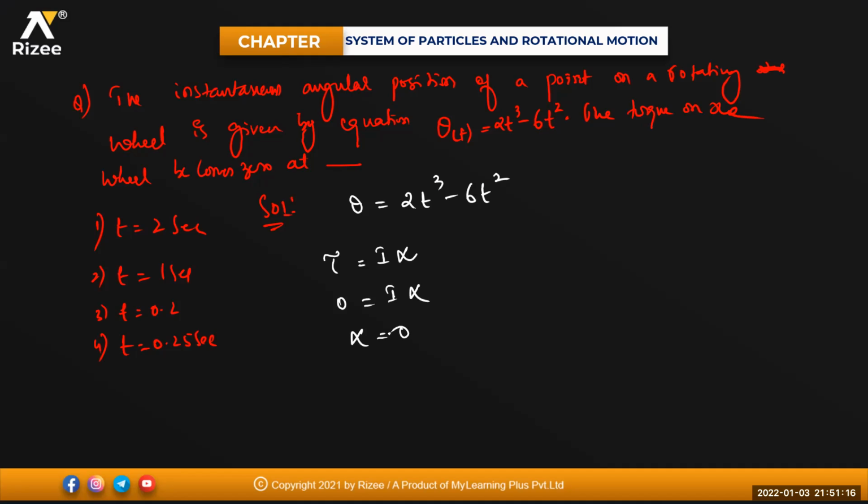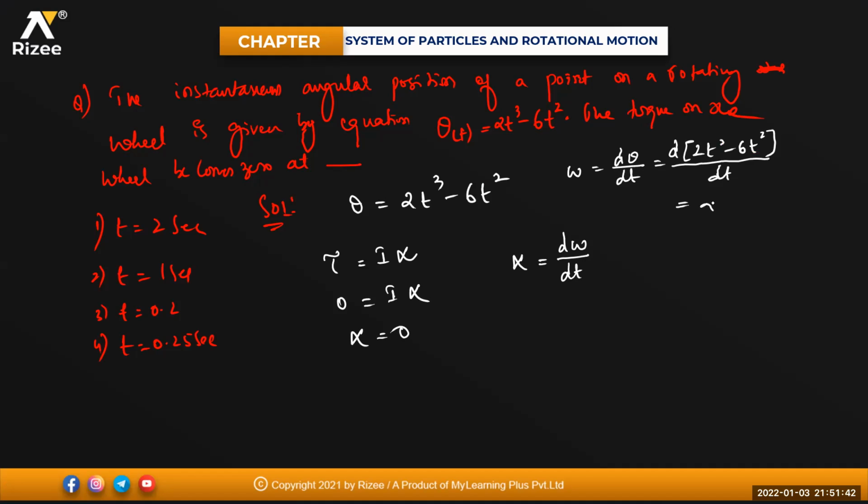Now, how do we calculate alpha? When theta is given, alpha equals d omega by dt, but I don't know omega. So omega equals d theta by dt, that is d of 2t cubed minus 6t squared divided by dt.